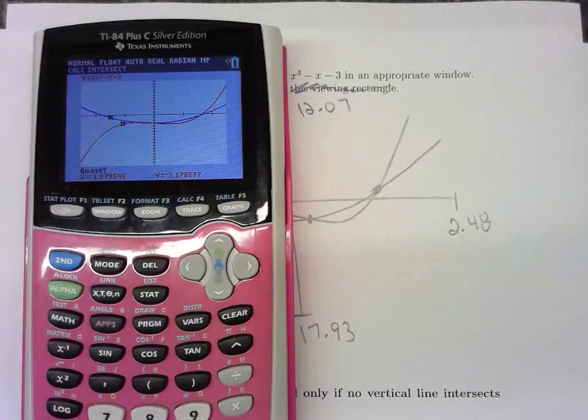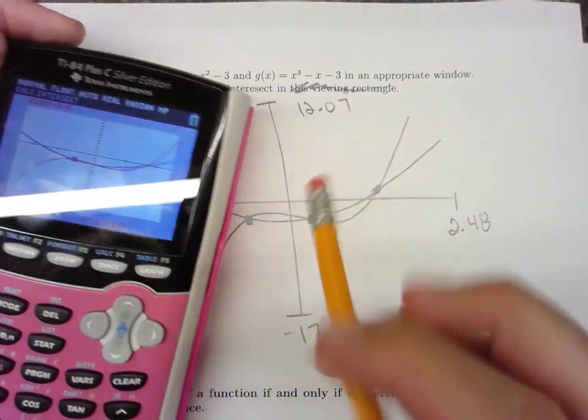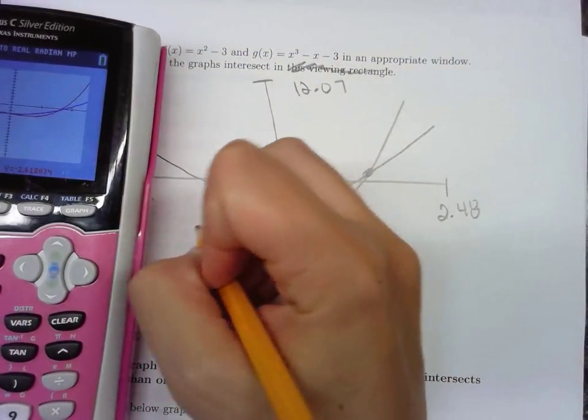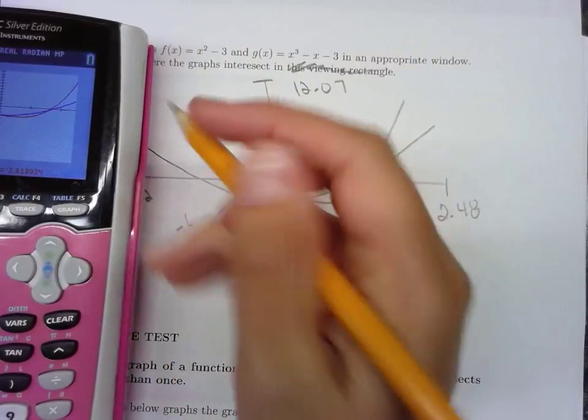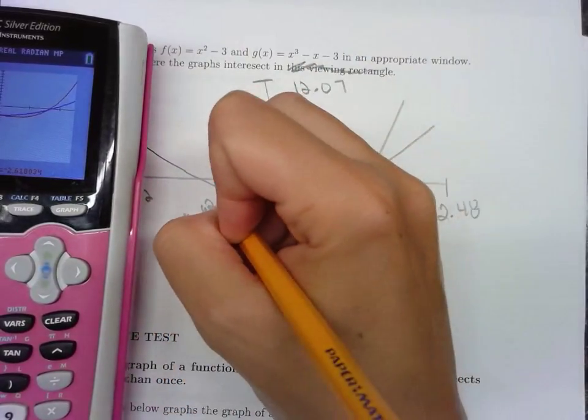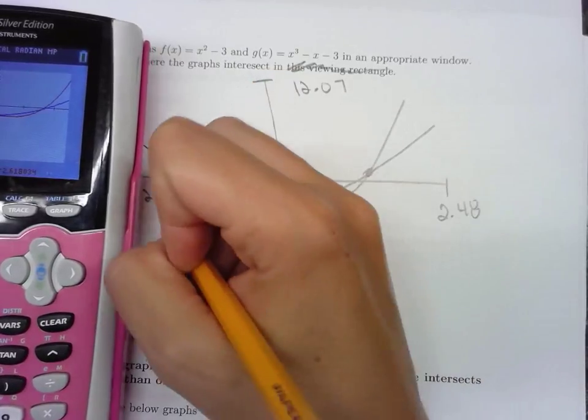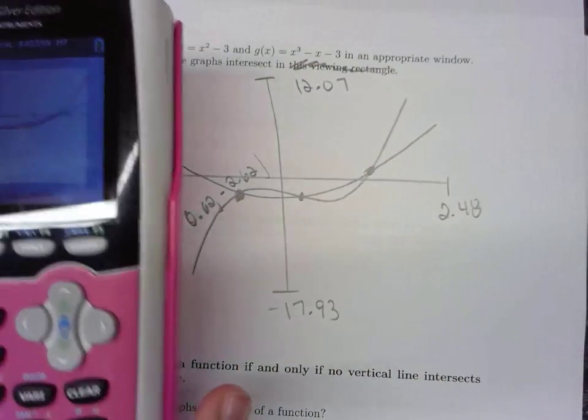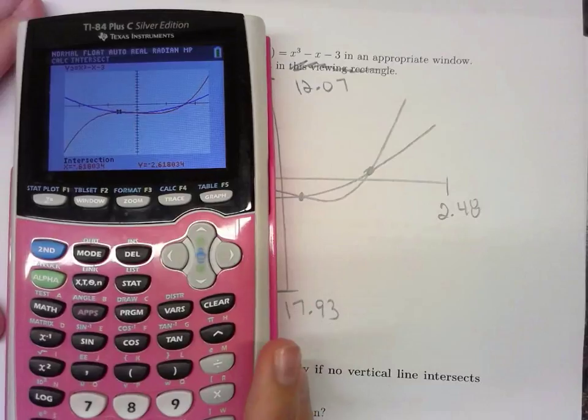And then we're telling the calculator to guess what that point is. Okay, so it looks like this first point is about negative 0.62, negative 2.62 approximately. Your calculator might give you something else. It's guessing here, which is better than our guess.